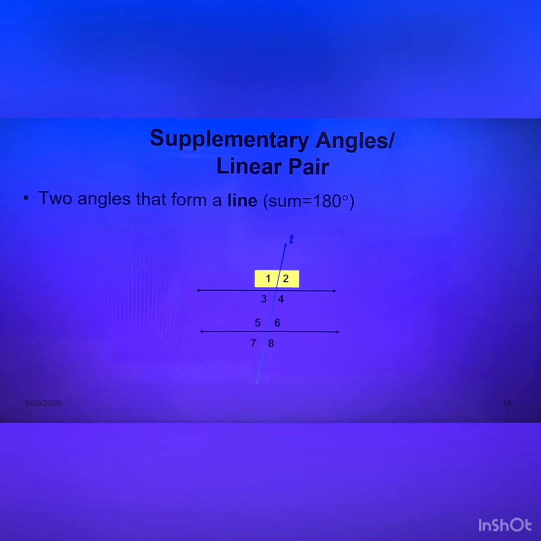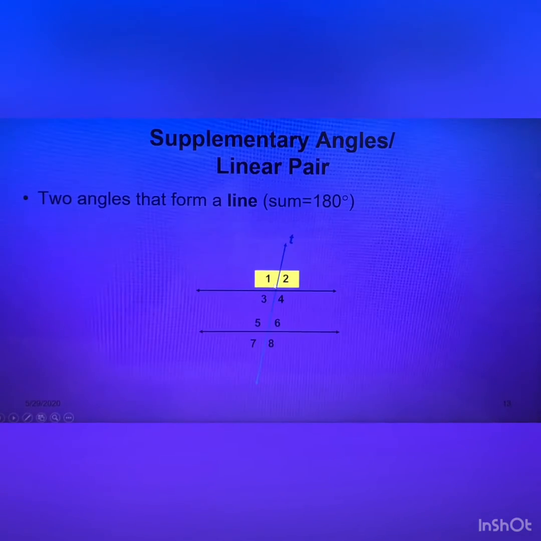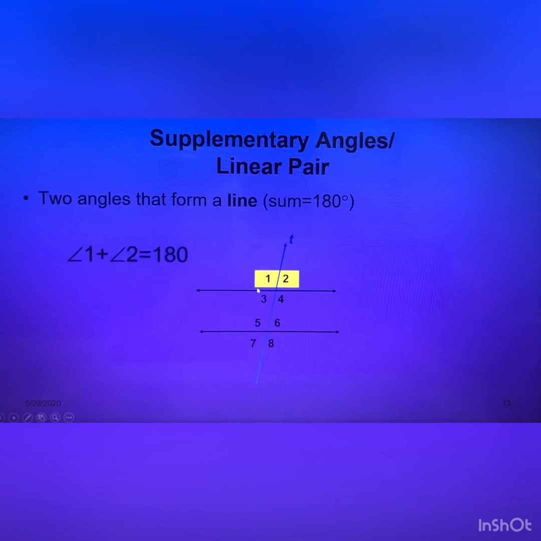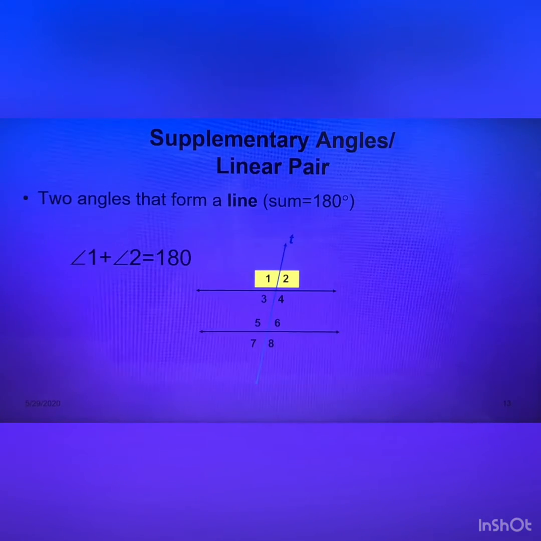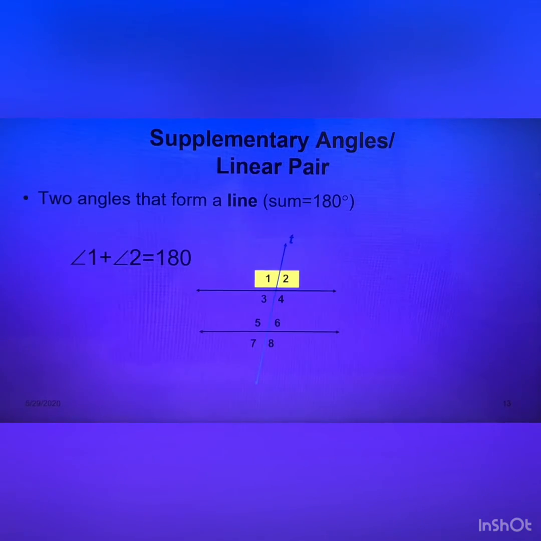So let us take two lines intersected by a third line T. Then there are many angles. We can say that angle 1 and angle 2 form a linear pair, and this is also a supplementary angle. Why?